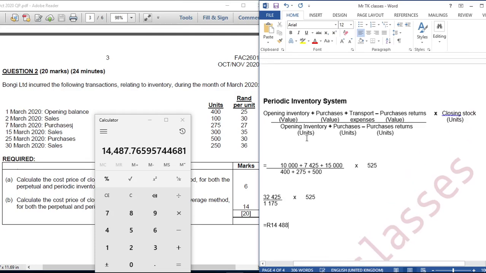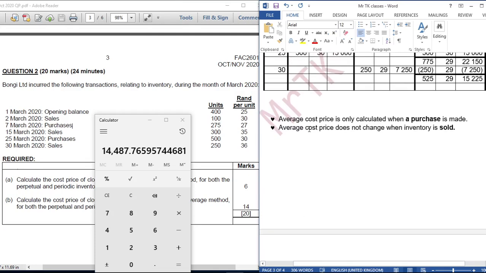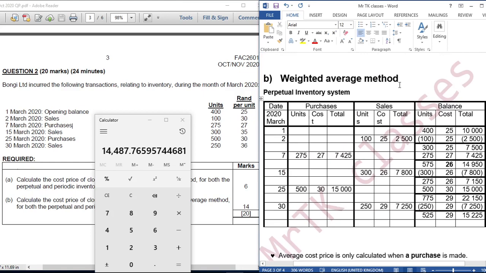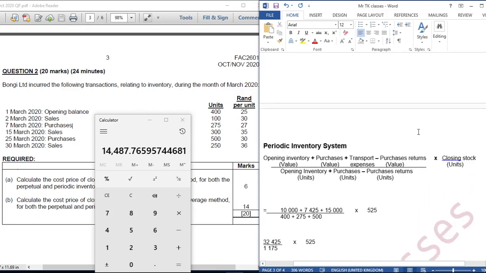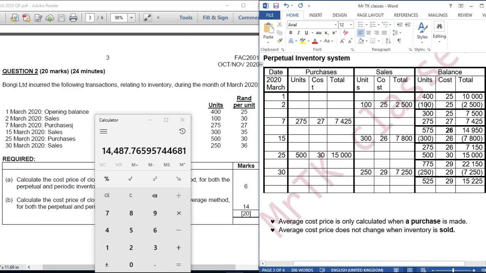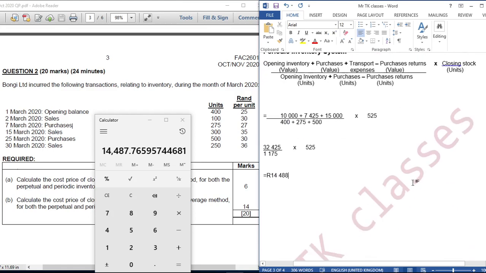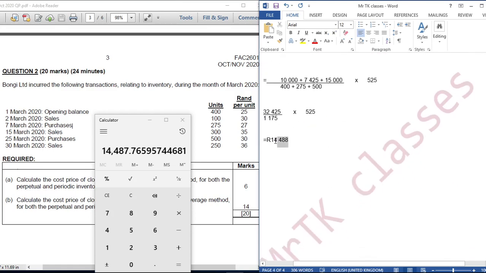Okay, so you see that when you are using weighted average method, our inventory will be different. Why? Because we are calculating average price after each and every sale or purchase. So subsequently our final value would be different to this one.